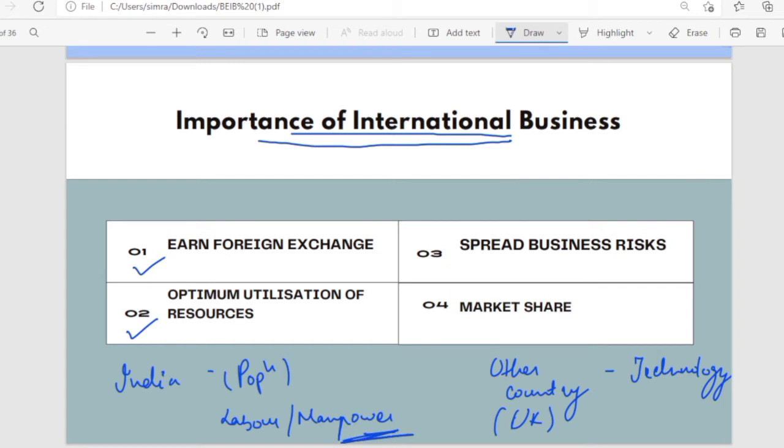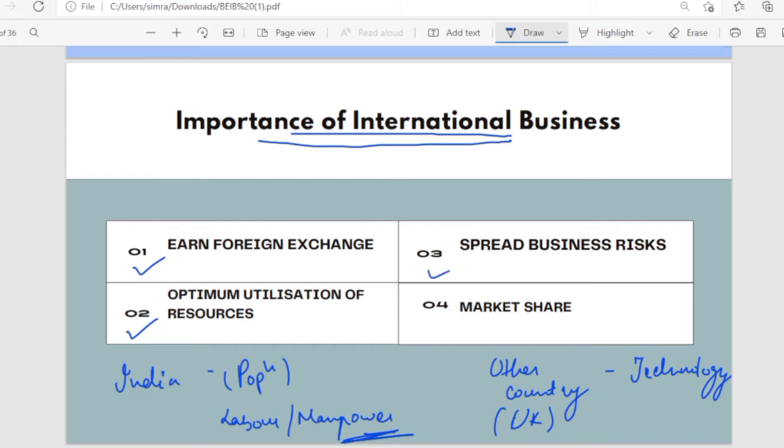So when we are making use of our resources effectively internationally, that is known as optimum utilization of resources. Okay, when we are using our resources to the fullest, and we are using other countries' resources to the fullest, that is known as optimum utilization of resources.